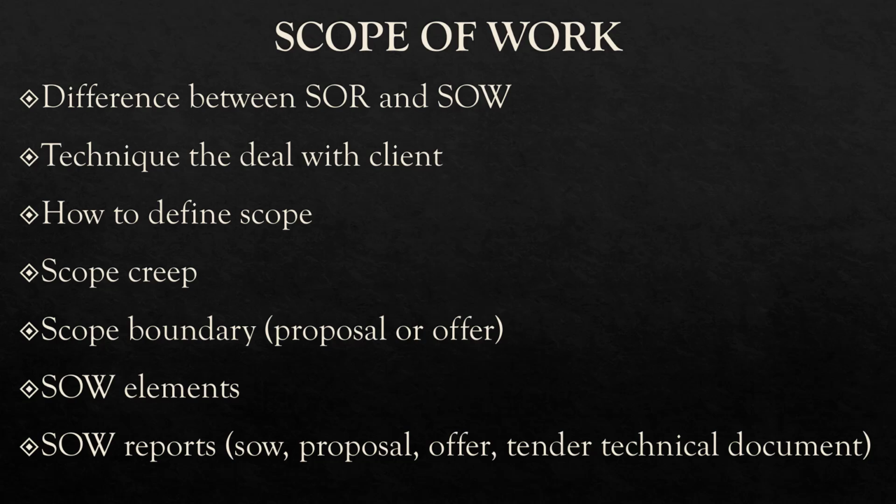Then, after you have the requirement, how can you define the scope of work? What is the technique or methodology to define the scope of work to be clear when you write it on paper? Avoid the scope creep. Scope creep means avoiding changes. But if there is a change, how can we control it?